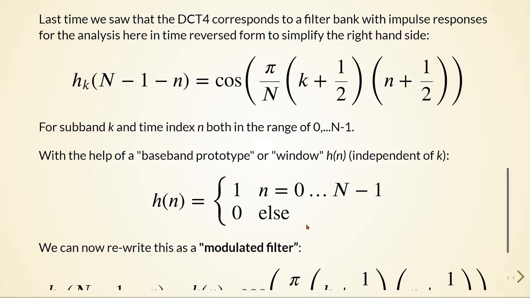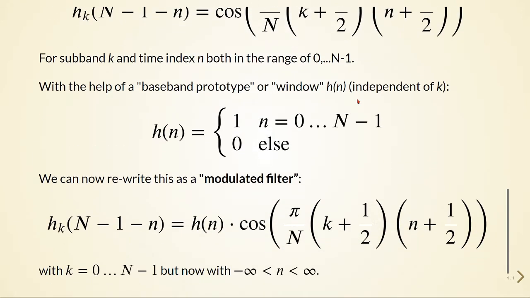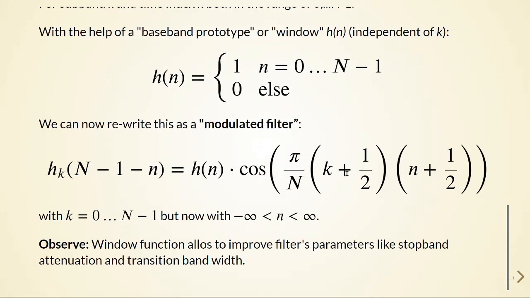So here we have a rectangular window, and we see that it's equal to 1 from n equals 0 to N minus 1, and 0 elsewhere. And we can rewrite this equation here as a modulated filter, and we have here this window for the baseband prototype times this factor here with the cosine.